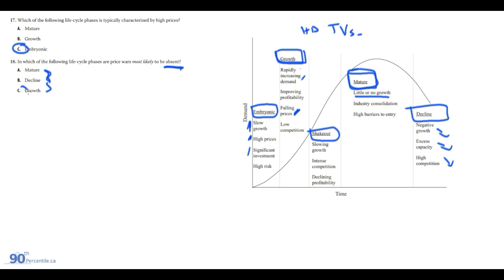So I would put C, the growth phase, where prices are starting to fall a little bit, but the price wars mainly occur in the mature phase and the decline phase when people are trying to just get whatever sales they can.